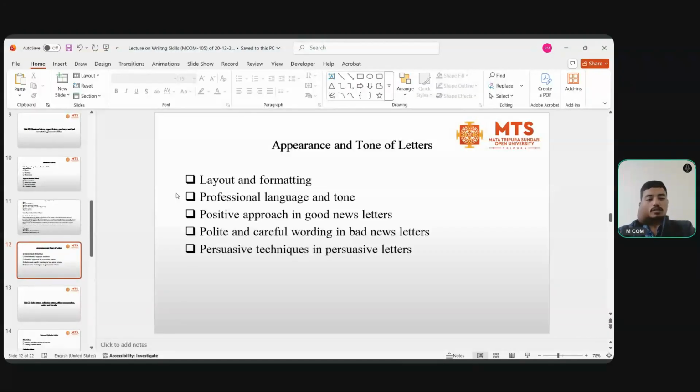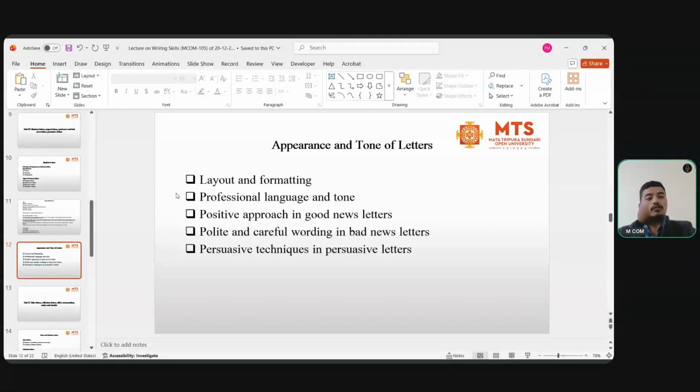In persuasive letters, the tone should be convincing, okay, but not forceful. You cannot force someone via letters or applications. When you try to convince in a persuasive letter, try to convince, but not forcefully. That should be the tone of a persuasive letter.